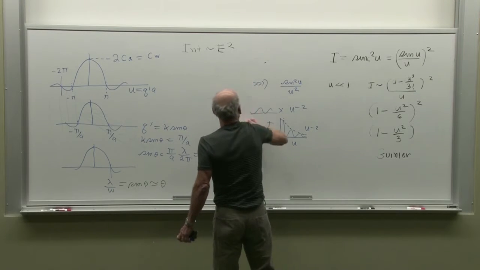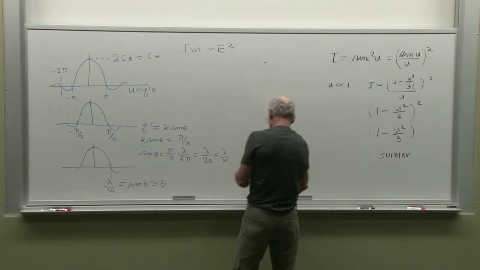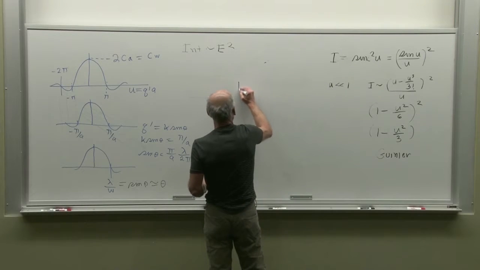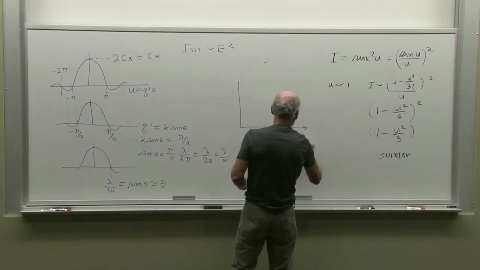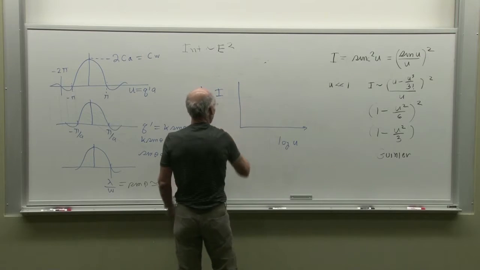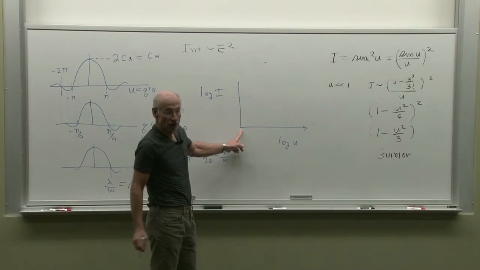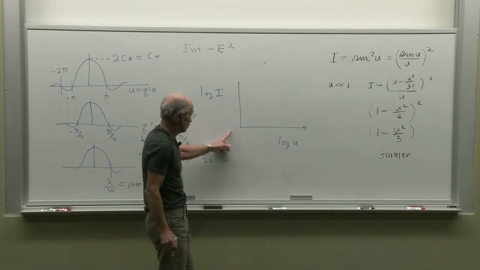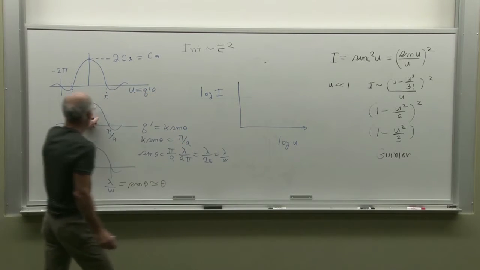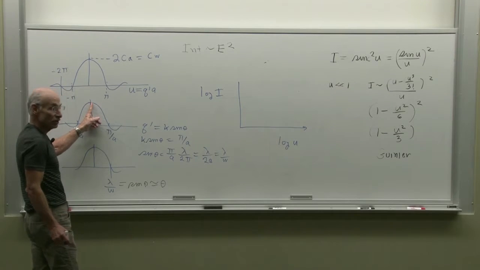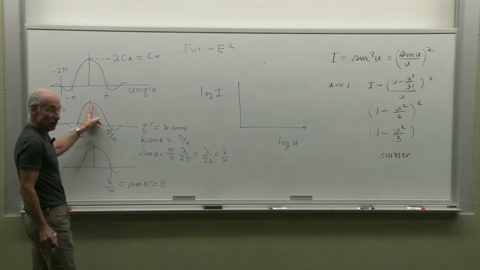So let's do that. We'll make both axes logarithmic. So to emphasize, we've got log u and log intensity. And remember, you never get to 0, so you can just go forever like this. You can go 1, 1/10, 100th, 1,000,000th, and you've got the same number all the way.